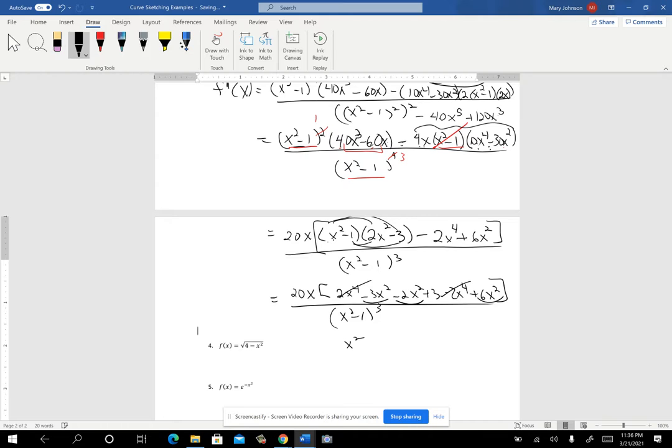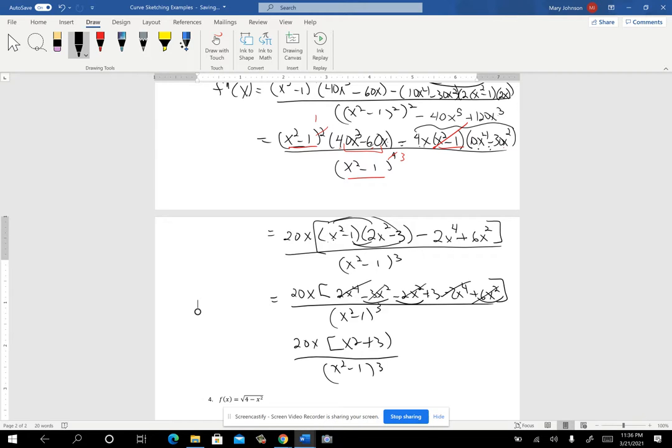So that'll be an x squared. Okay, so I have a 20x. And then I have minus 5 plus 6 is 1x squared plus 3. And then I have the x squared minus 1 to the third power. All right, so that's for number 3.